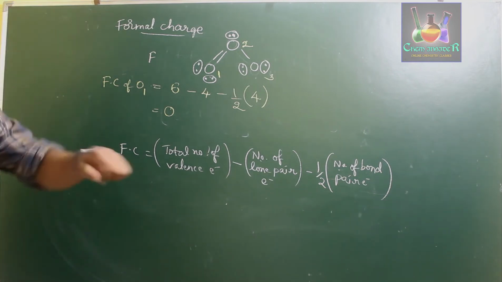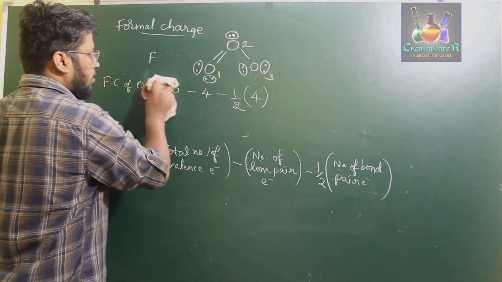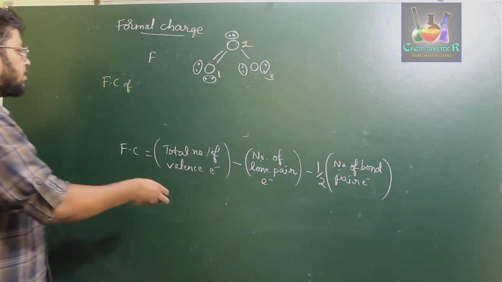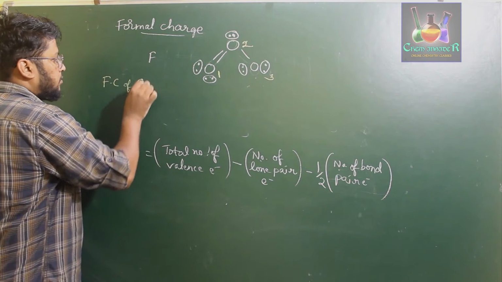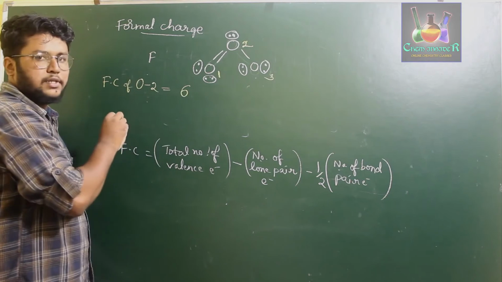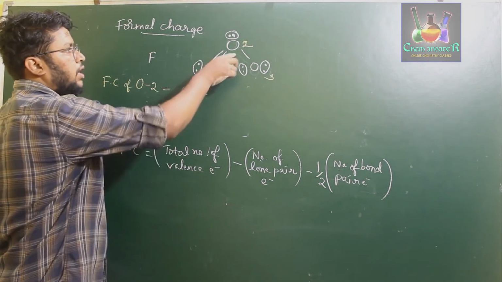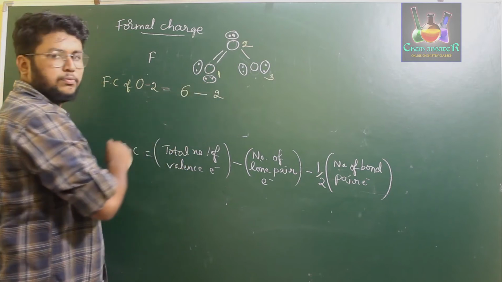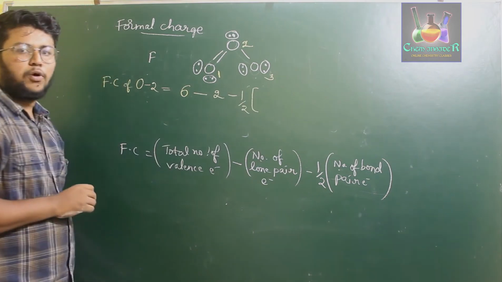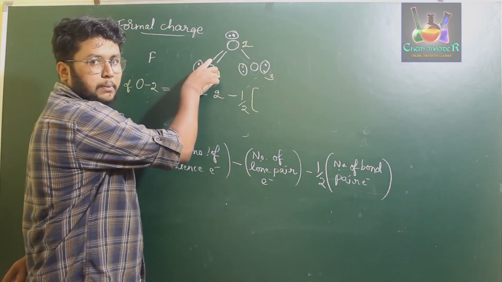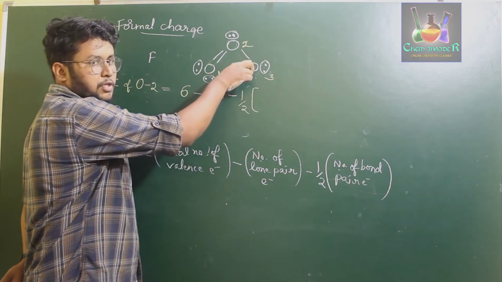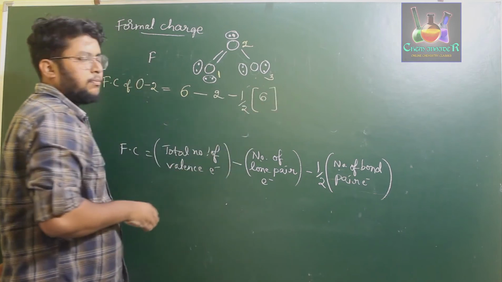If you calculate the formal charge of oxygen 2, that is FC of O2, the second oxygen, that will be equal to the total number of valence electrons, 6, minus the number of lone pair electrons over here, which is 2, minus half of the total number of bonding pair electrons. There are 2 pairs of electrons from this bond and 2 electrons from this bond, totally 6 electrons because of the bonding pairs.